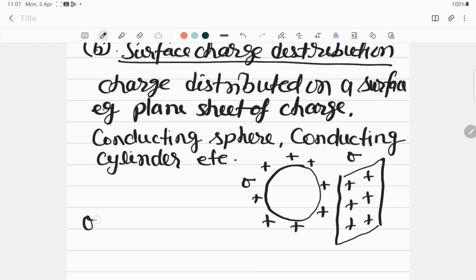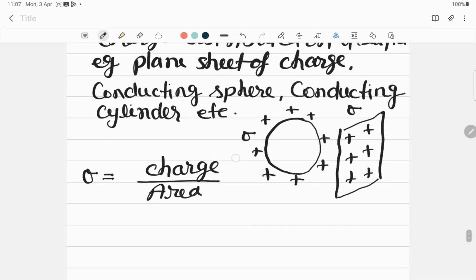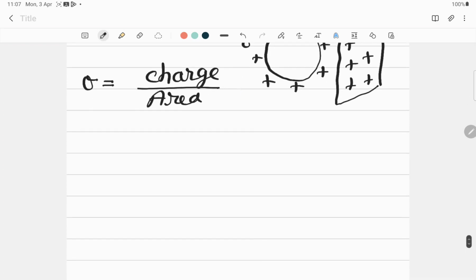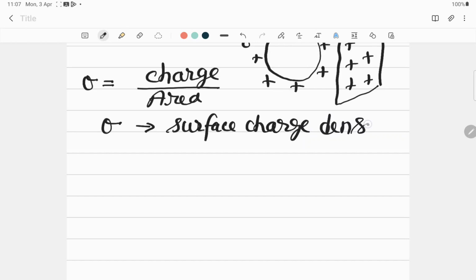So surface charge density, sigma, is equal to charge upon area, where sigma is the surface charge density.